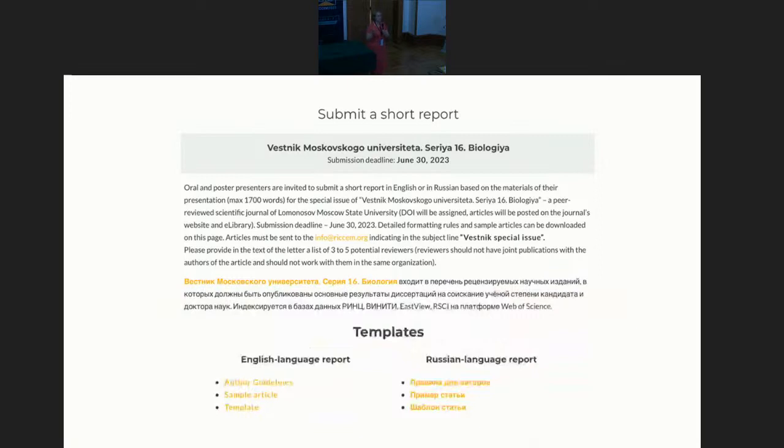It may include pictures, it may include references, and it should be revised. The deadline for submitting it is June 30th, okay?